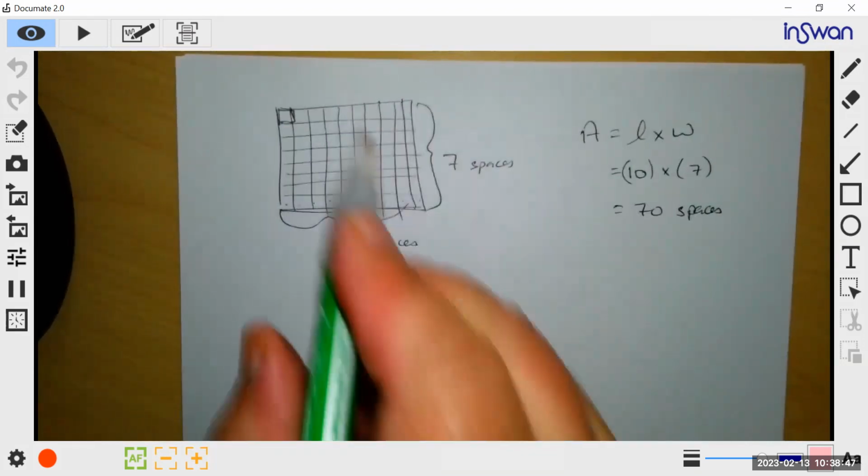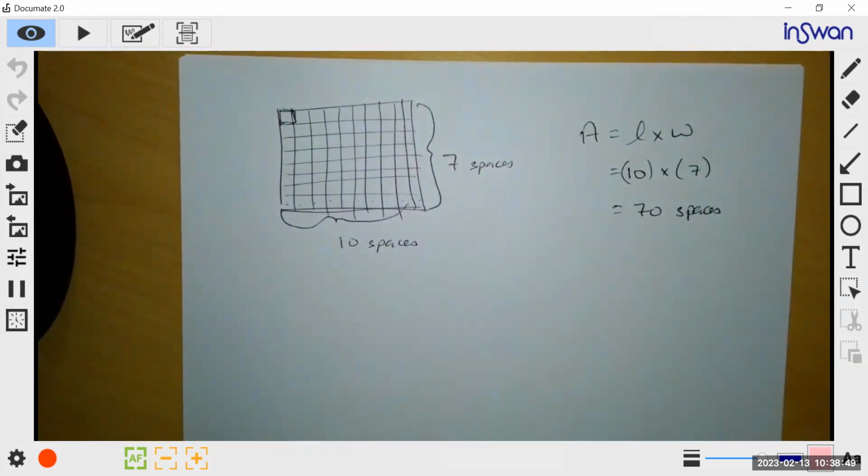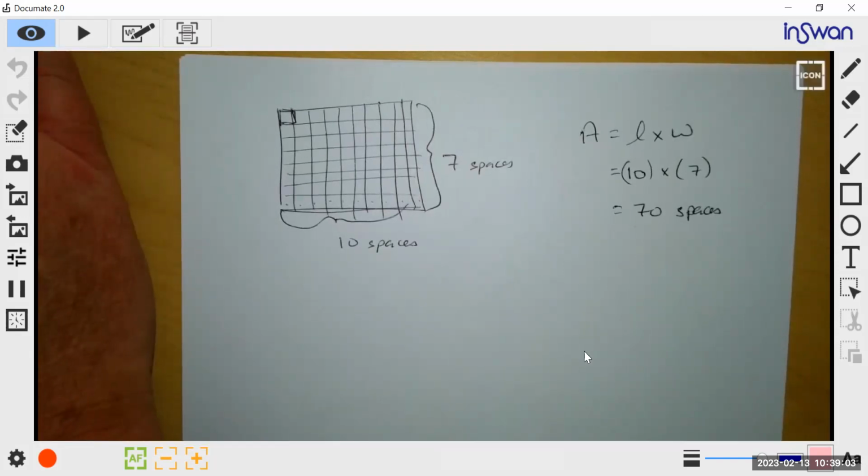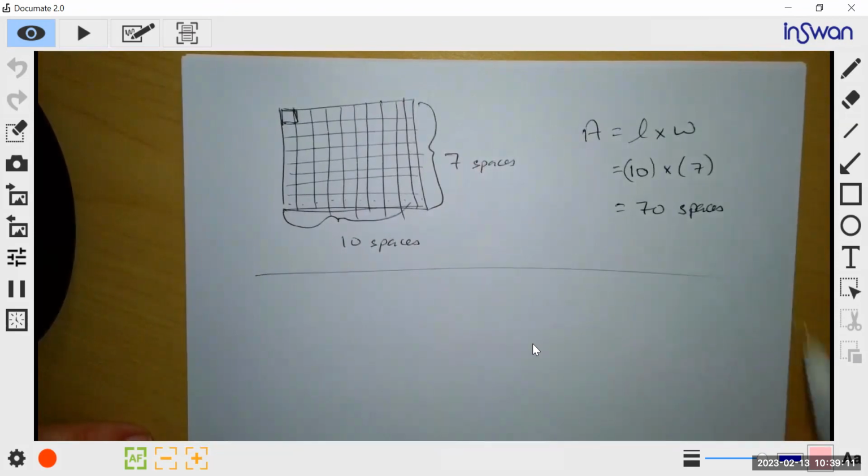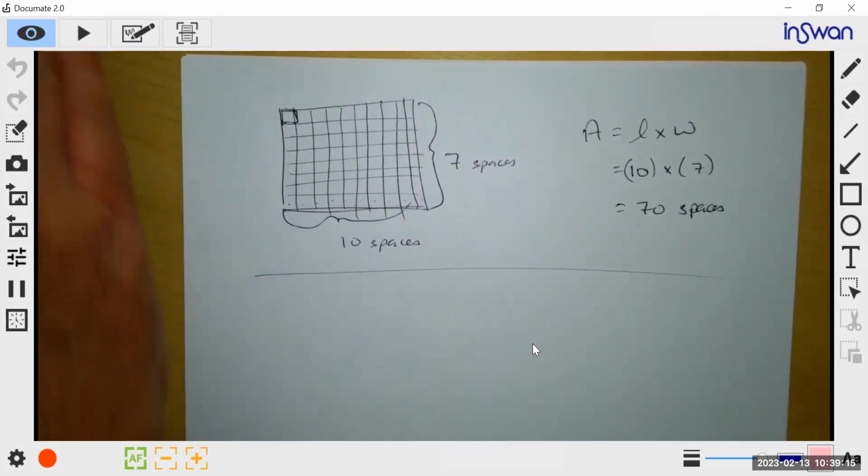We have 70 little boxes in there. Little spaces. That's what the area finds. It finds the amount of stuff inside the perimeters. All right, so that's area and perimeter of rectangles and squares.